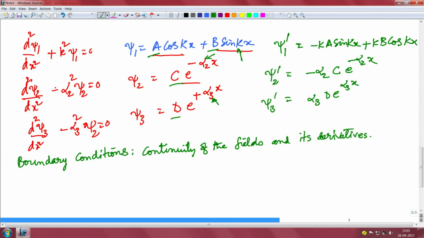So, at x equal to 0 we have, I will always need this. So, this is 0, this is d, and this is psi 1 here, psi 2 here and psi 3 here. At x equal to 0, that is this point, psi 1 should be equal to psi 3.